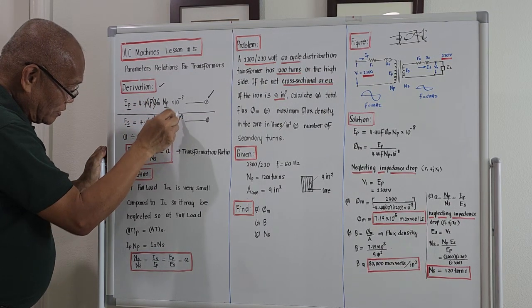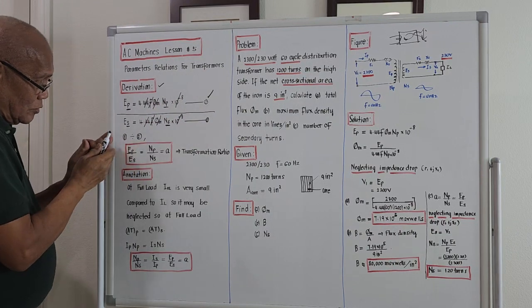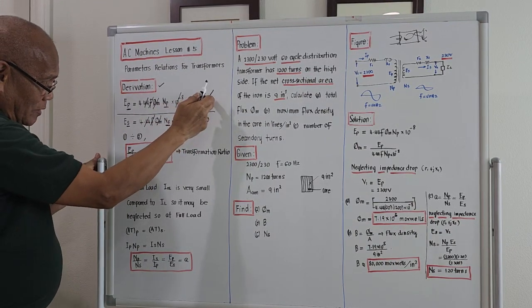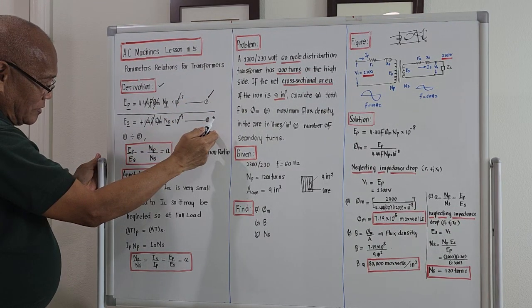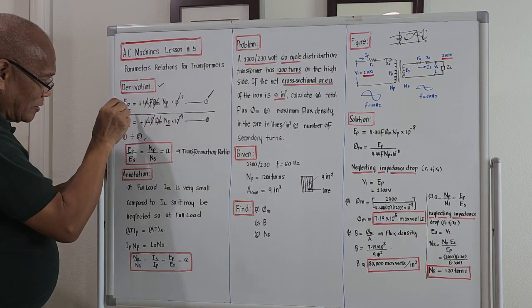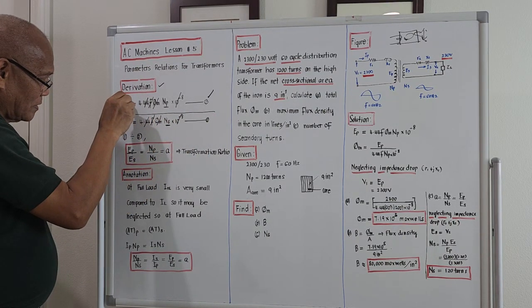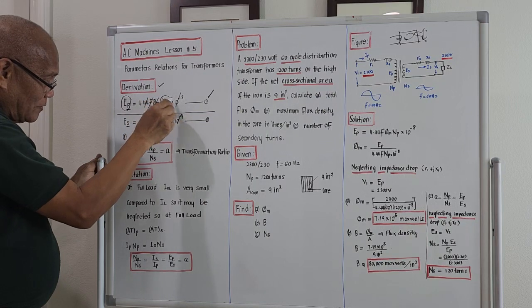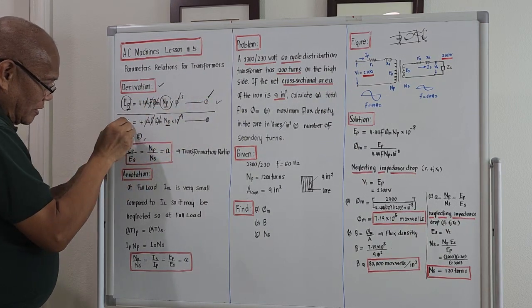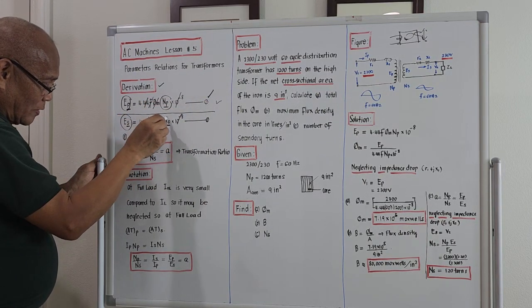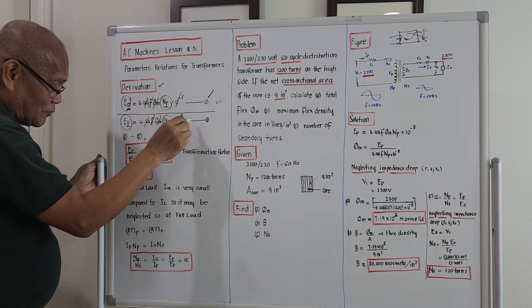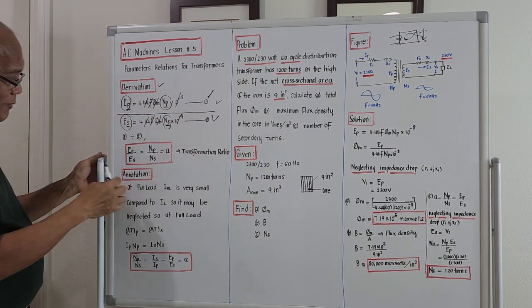This 10 to the minus 8 cancels with this. So after dividing equation number 1 by number 2, what will remain will just be simply E sub P over N sub P for the first equation, and E sub S over N sub S for equation number 2.